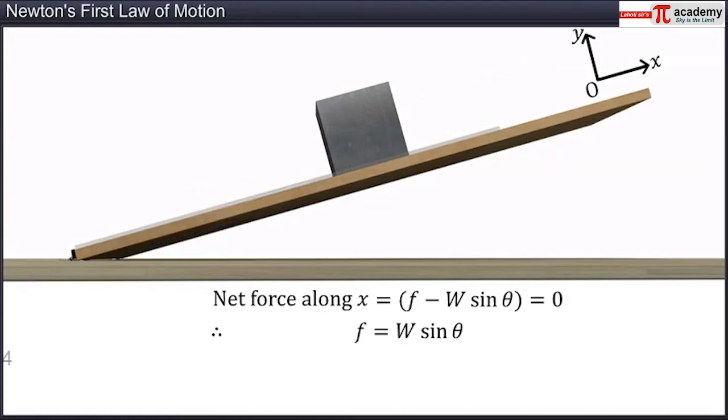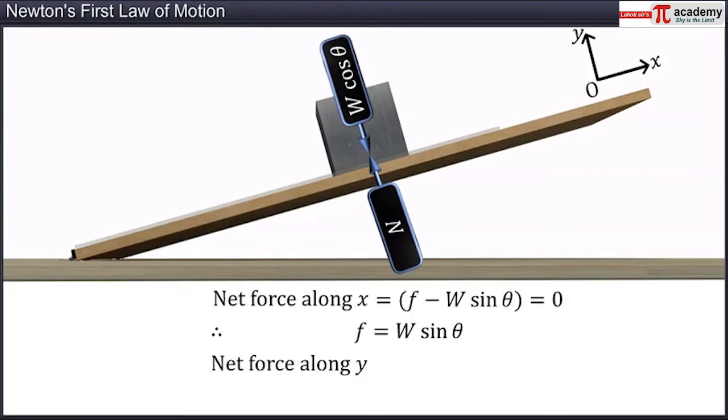The iron cube is not going into the glass sheet, which implies that the iron cube is at rest as far as the y direction is concerned. Hence, the net force in the y direction should also be 0. N is the normal reaction of the glass sheet on the iron cube.